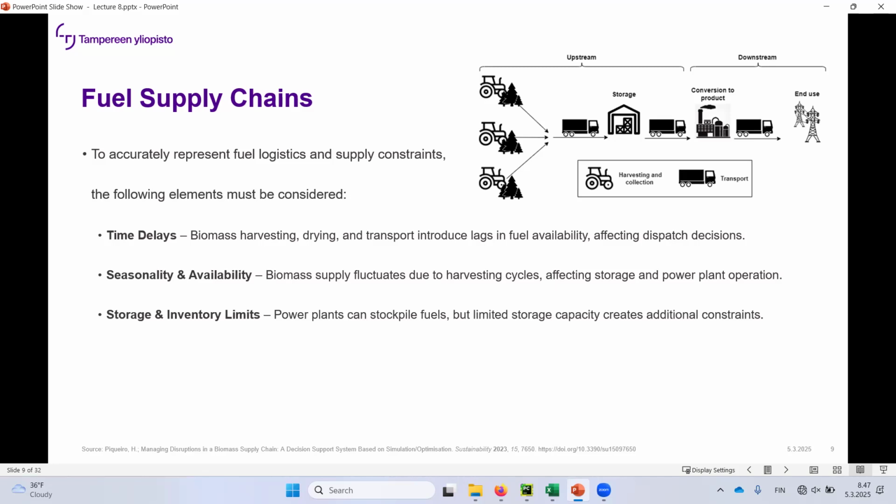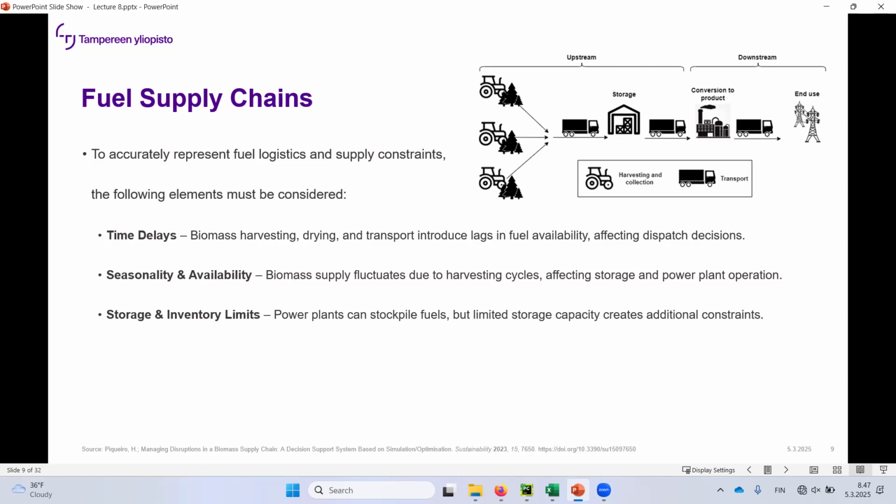Storage and inventory limits. So power plants can stockpile fuels, but limited storage capacity creates these additional constraints. So if you have seen, for example, how this kind of small district heating plant, let's say a 1 megawatt plant, operates, it's a grate firing boiler, and there's a truck that carries wood chips into there, and the process is fully automated.